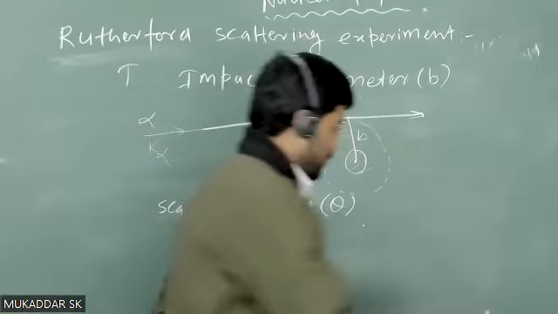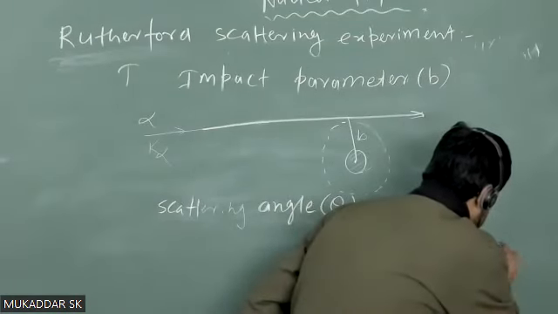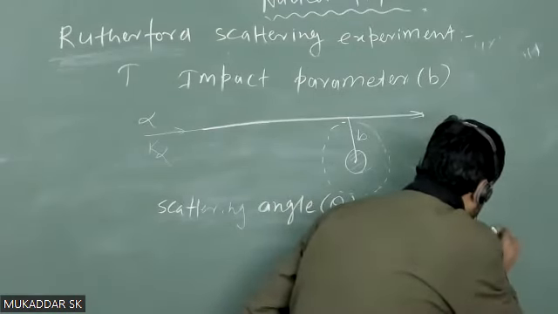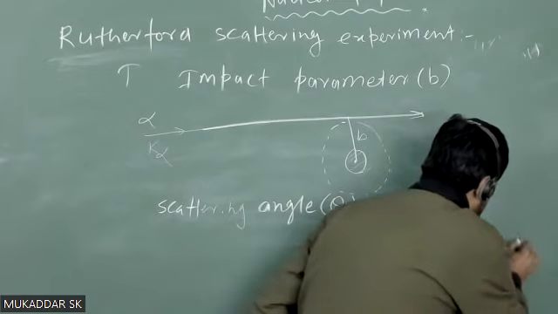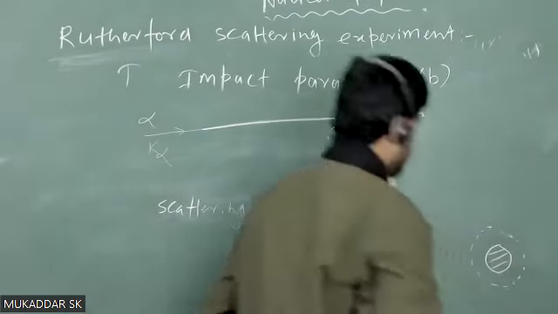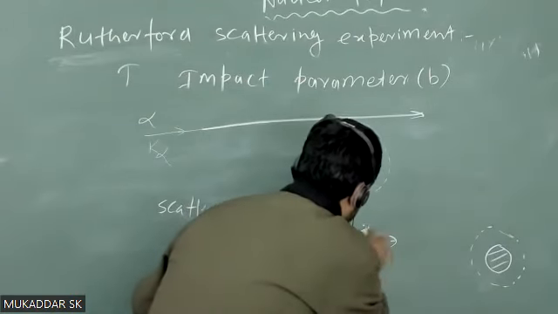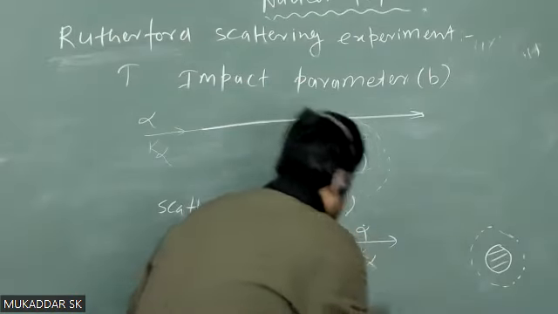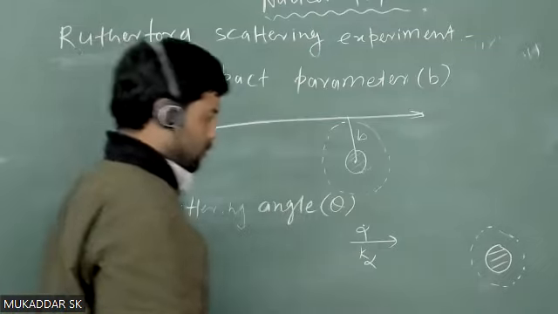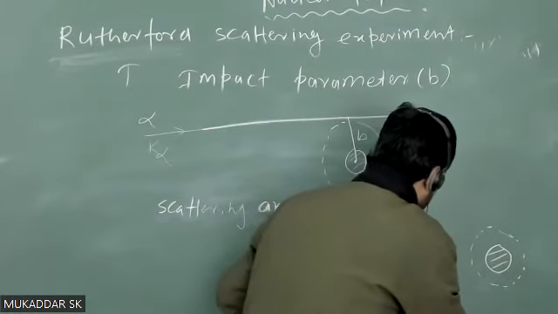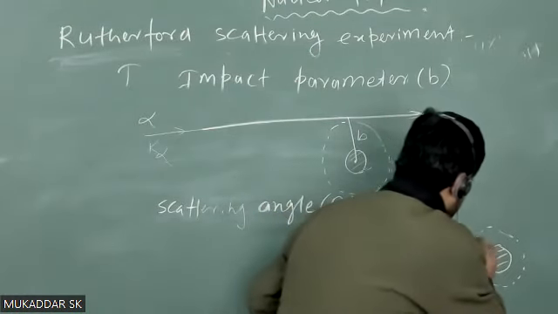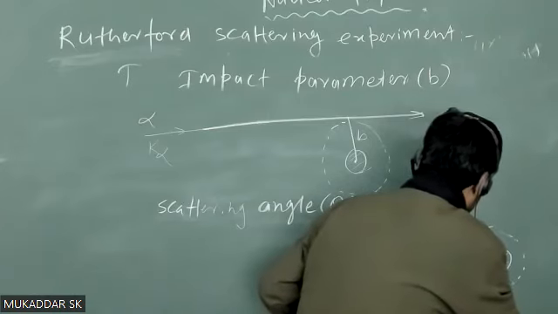So suppose you have a nucleus, and let us assume this is your electronic orbit. Now suppose an alpha particle having kinetic energy K alpha is incident. So when it is incident, what will happen? When it comes, how will we define the direction of the alpha particle?